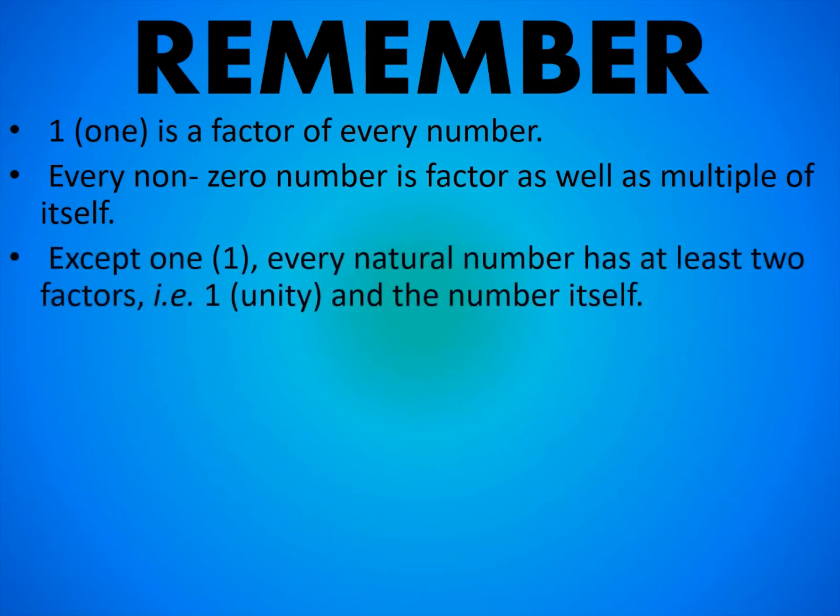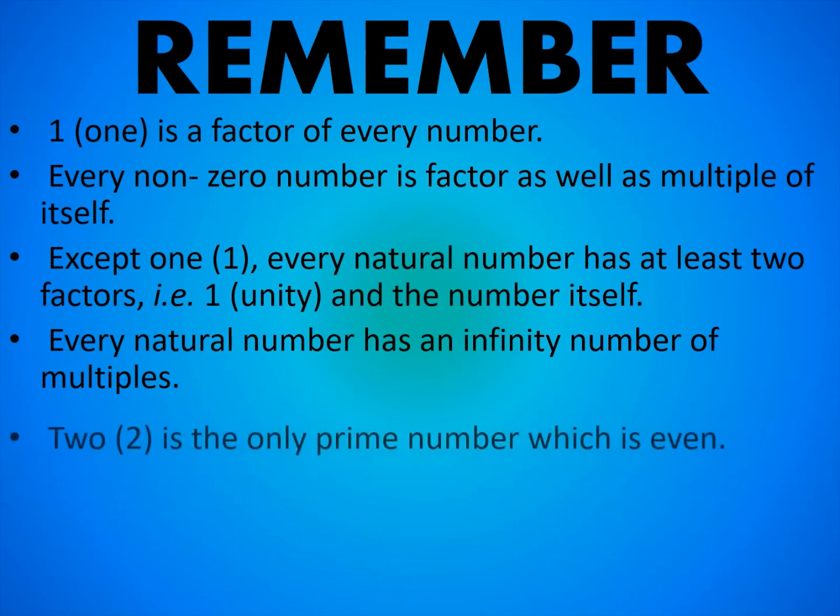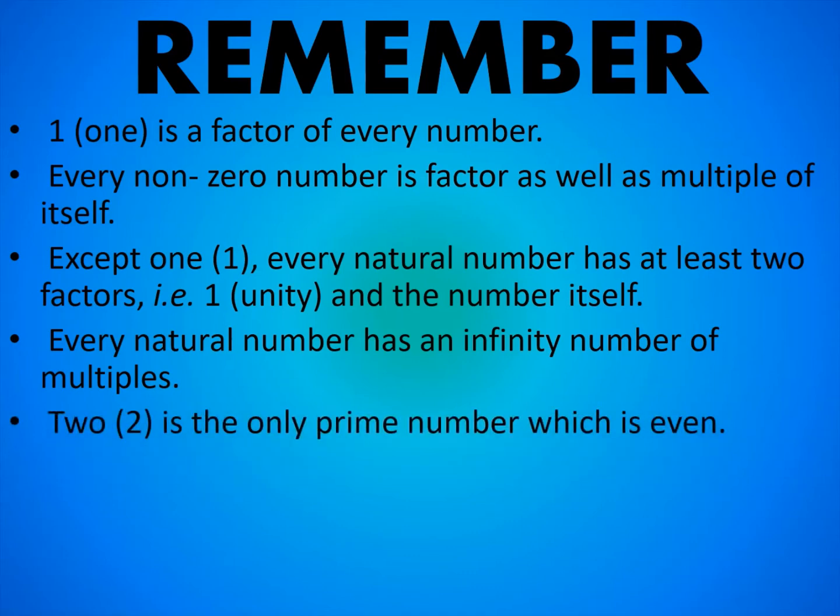Except 1, every natural number has at least two factors, that is 1 and the number itself. Every natural number has an infinite number of multiples. 2 is the only prime number which is even.